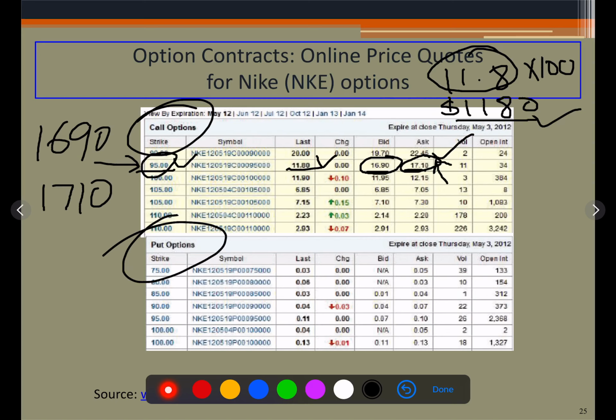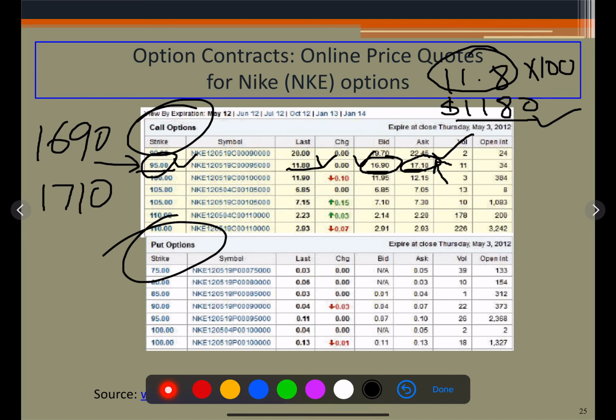If I'm selling him the right, meaning I'm selling the call option contract, and he will be buying this contract, where he will have the right to buy the underlying Nike stock from me at $95, he will be paying me the premium for each share at $16.90.